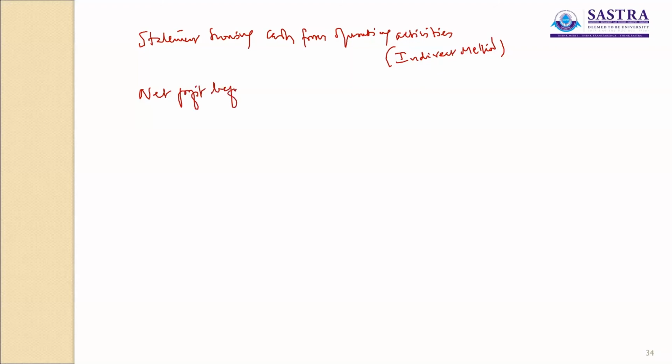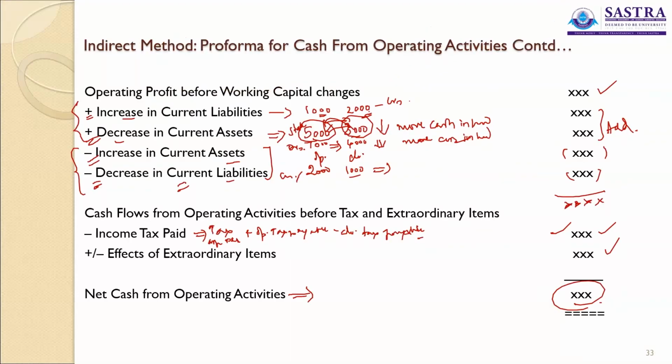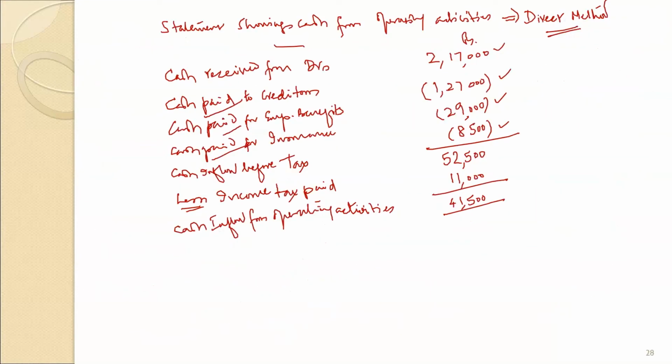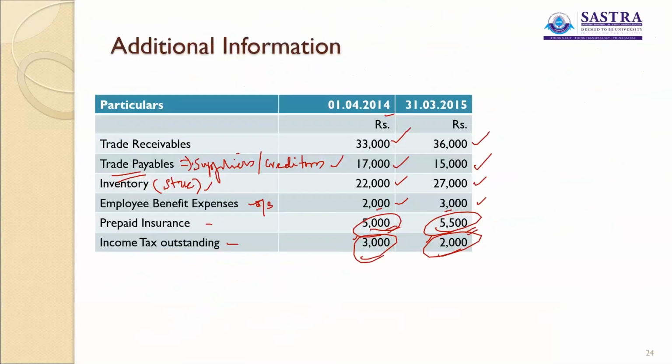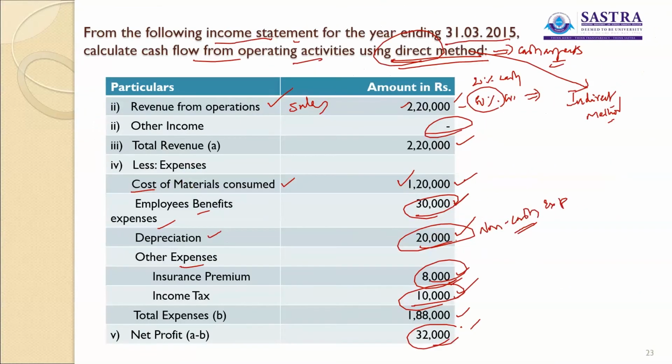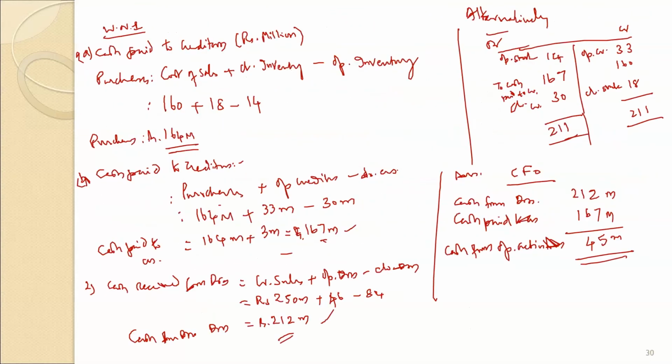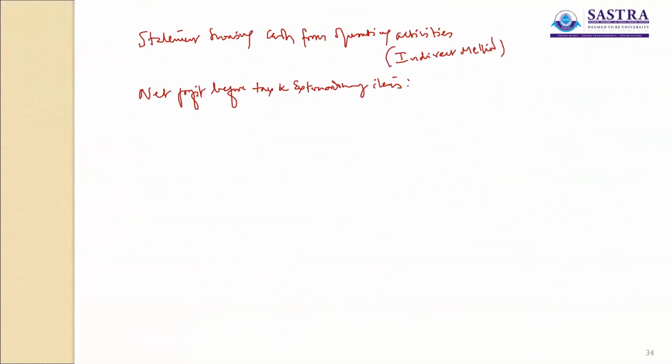Net profit before tax and extraordinary items. So here it is the net profit given in the question, 32,000, and the tax is 10,000. So I have to take 42,000 as the amount to be adjusted.